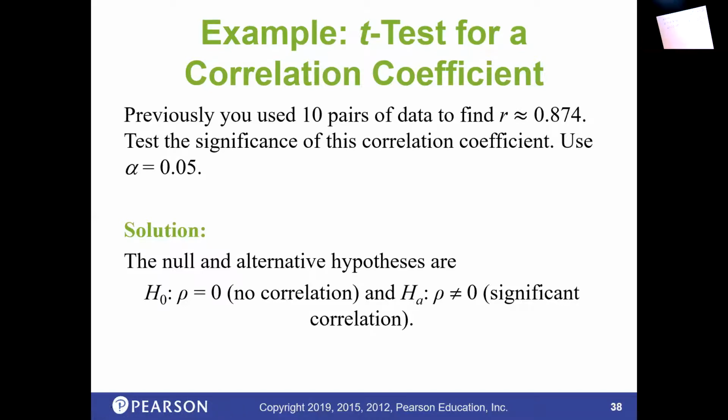Now, they don't say anything about positive or negative. They're just saying, is there correlation of some kind? Which means the null hypothesis will be rho equals 0, which means no correlation. The alternative is rho is not equal to 0, which means, yes, there is correlation of some kind.